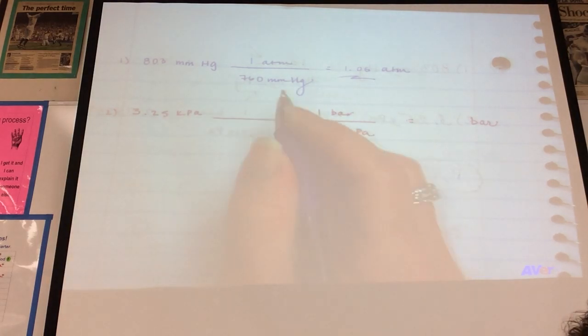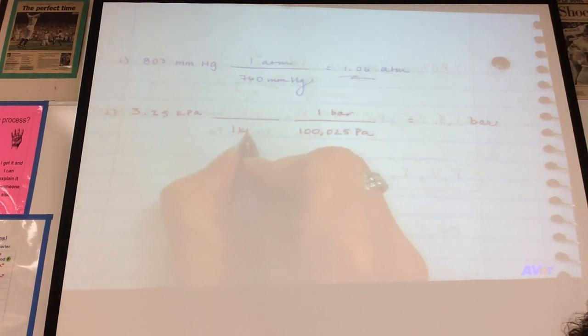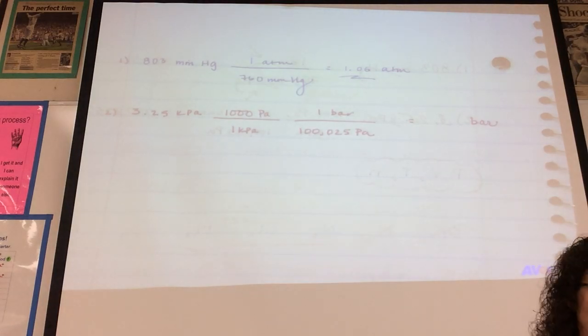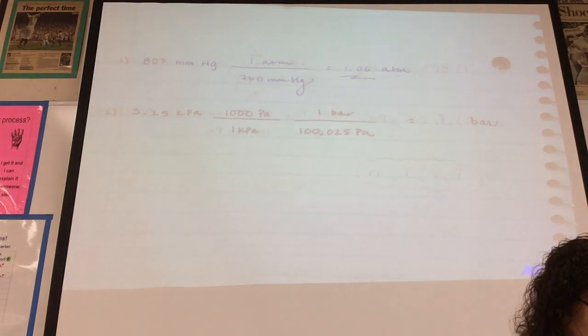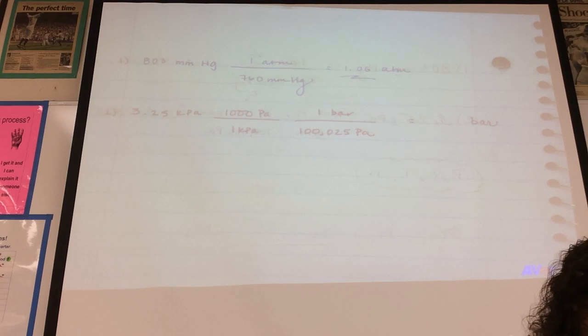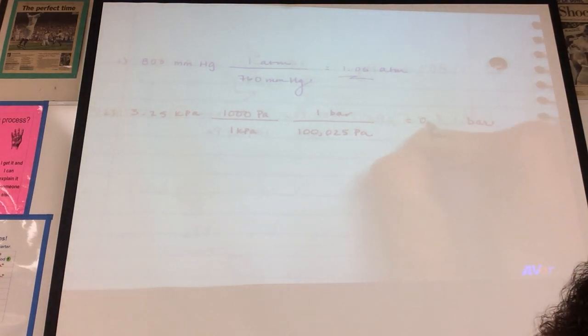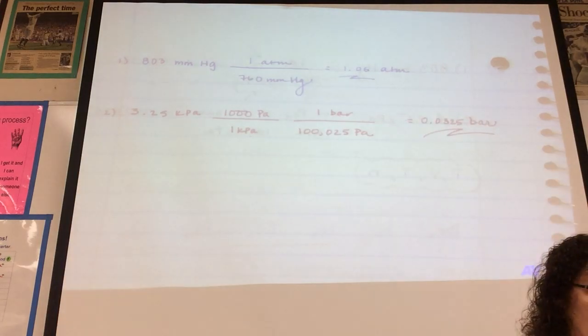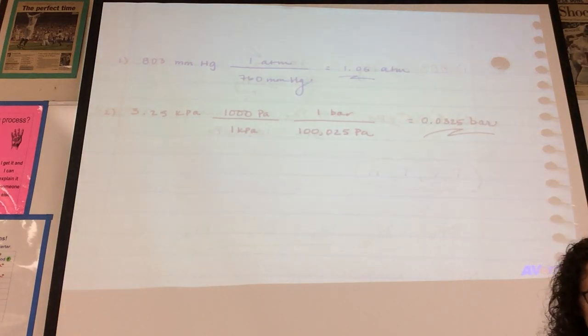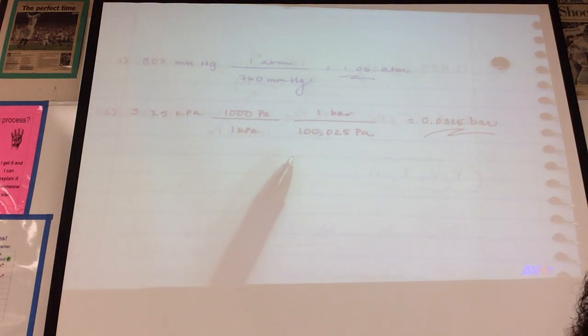We're in kilopascals, so 1 kilopascal is 1,000 pascals. These are very simple factor label method conversions that we went over the first week of school.